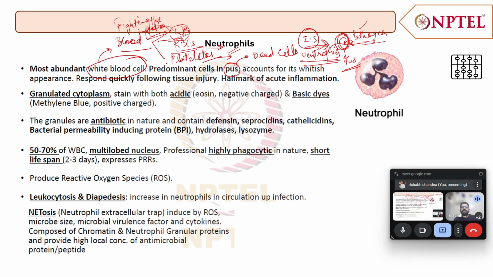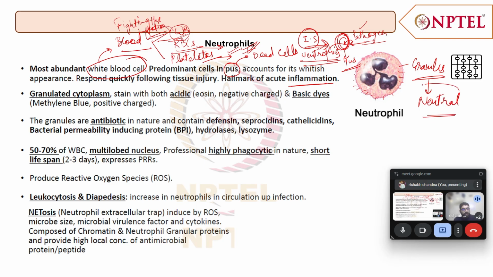These are the first cells that respond to an injury, and acute inflammation also takes place with the help of neutrophils. Talking about its structure, it has a granulated cytoplasm. As you can see in this image, these pink structures in the cytoplasm are called the granules because these are stained by neutral dyes.